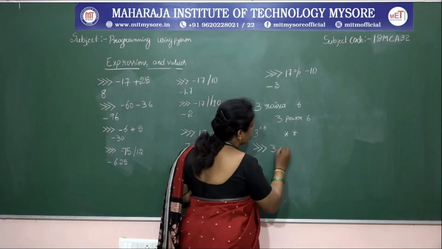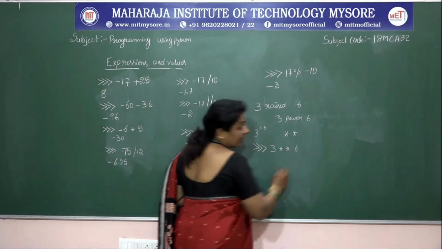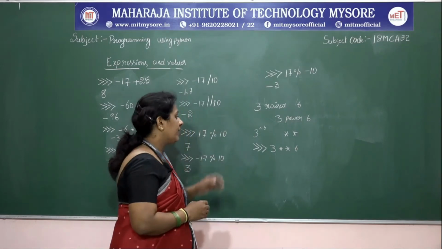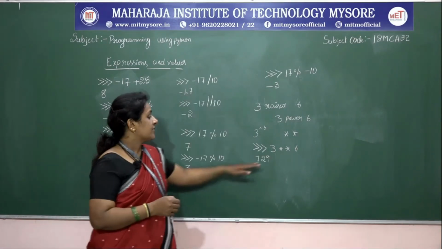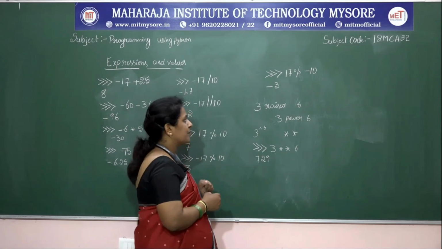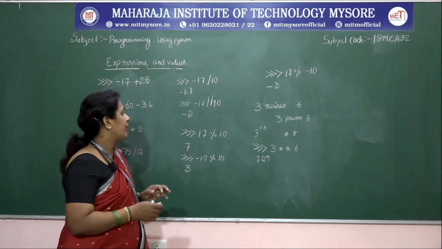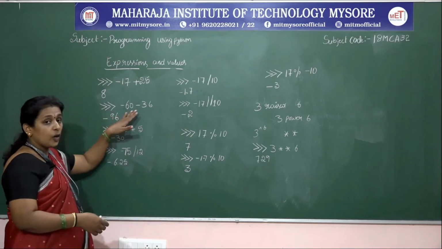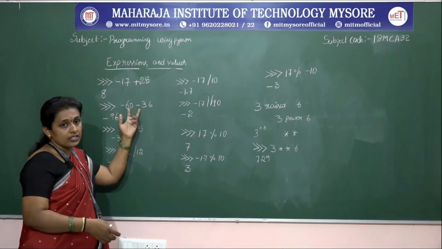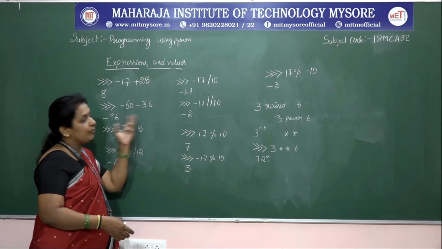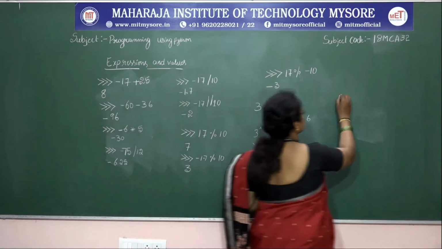So 3 raised to the power 6, we will get the answer as 729. So what we have seen is a binary operator, because every such operator has 2 operands. Those are called binary operators.